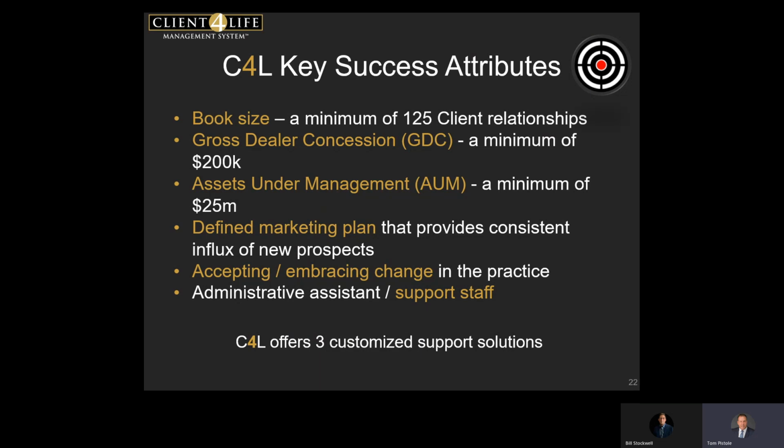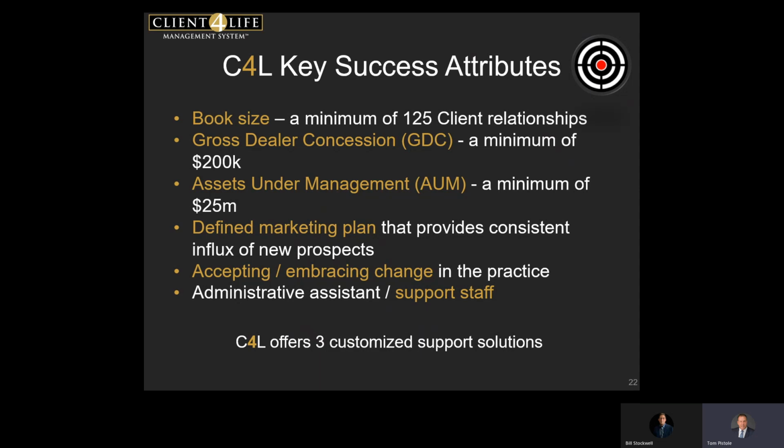It's those advisors that have about 125 client relationships or better. They have GDC in the neighborhood of $200,000 or better, only because obviously you've got to have the ability to invest in your program, in your system, in your practice. Assets under management, there's a big correlation here, about $25 million. Either you have a significant client base, or you have a very defined marketing plan that provides a consistent influx of prospects.